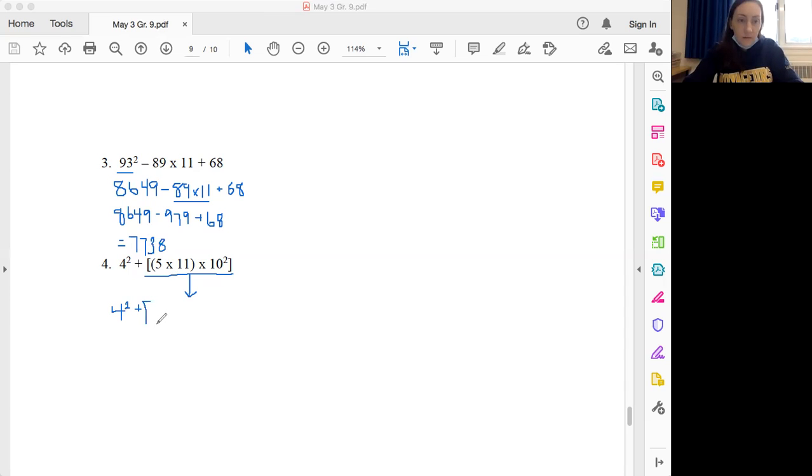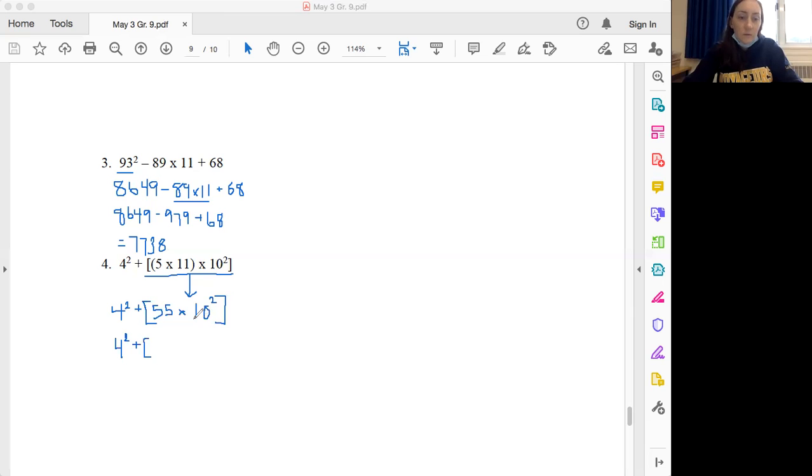Yes. So 5 times 5 is 55. Okay. And you're still going to work on what's inside the bracket. Is there another bracket, or is there an exponent?